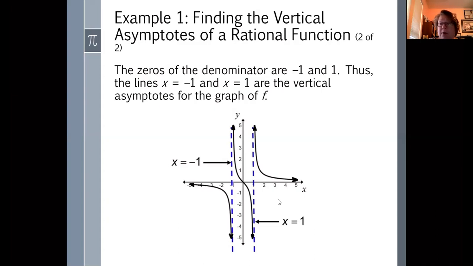And then as it approaches that vertical asymptote x equals 1 from the positive direction, it increases without bound. So that's what vertical asymptotes describe. They describe what happens to the value of the function, the y value, as it approaches this line.